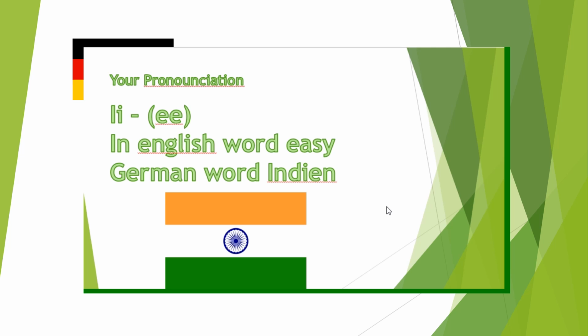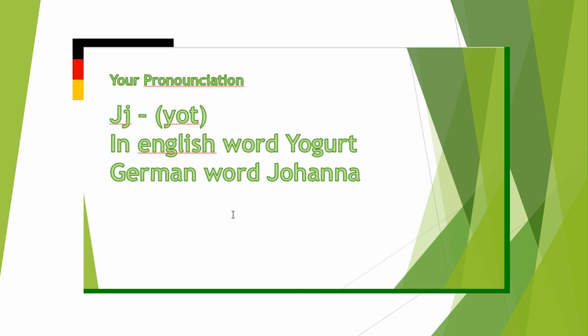I is pronounced as E in German, like the English word easy. So in German, Indian, Italian. J is pronounced as yacht. So the English word yogurt in German will be pronounced yogurt, or the English Johanna will be pronounced as Johanna in German.